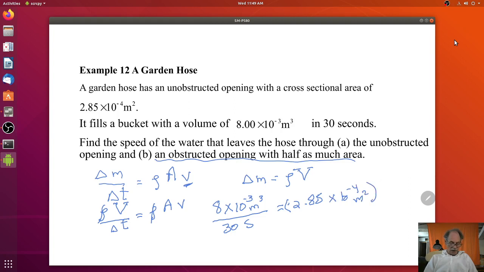And the velocity is what I'm looking for. Okay, well, to find the velocity here, I just have to divide both sides by 2.85 times 10 to the minus 4th. I think you folks can work through that. Okay, so if it's got half the area, the answer to part B is going to be twice as much as part A. So that's not too bad.